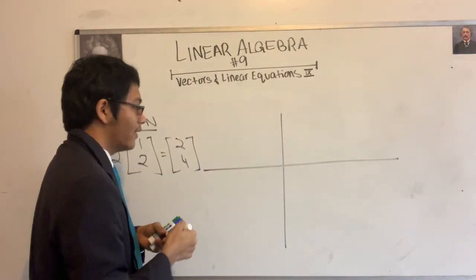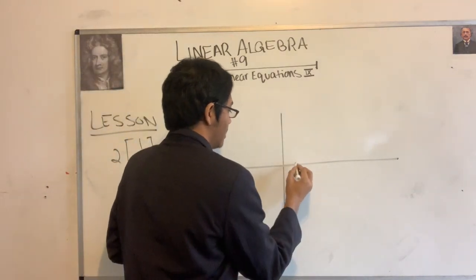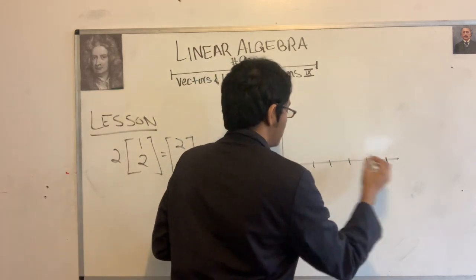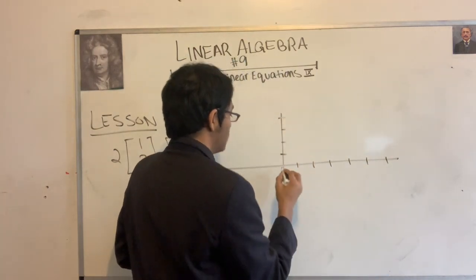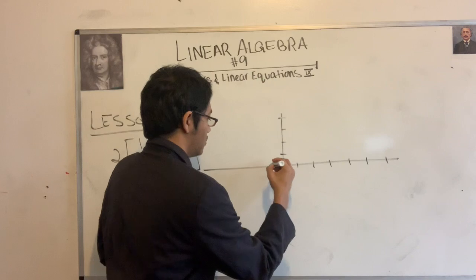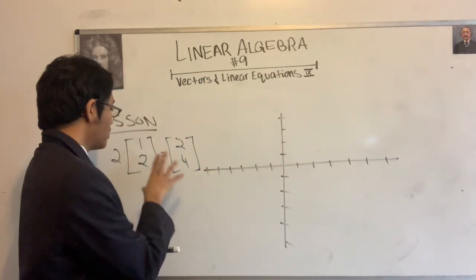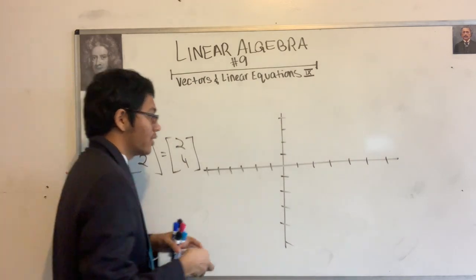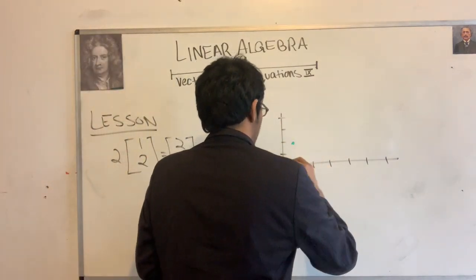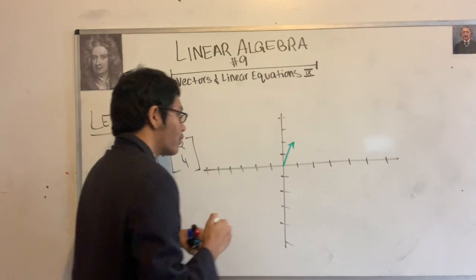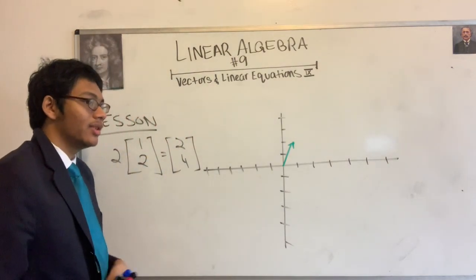Okay, so let's put all the tick marks. 1, 2, 3, 4. So I have the vector 1, 2. I'll draw it in green right here. And when I multiply it by the scalar, what am I really doing?